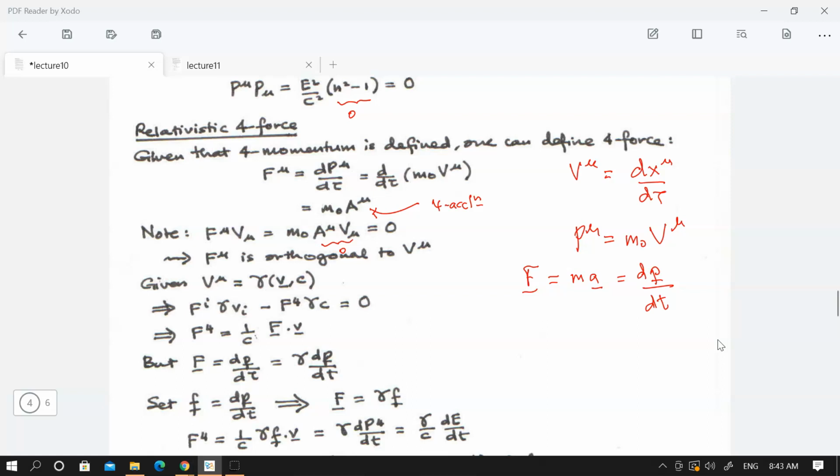If we use this form, then this equation gives you f i gamma v i, plus f4, the fourth component, which we have yet to see what it is, times gamma times c. Adding up these two terms gives you 0.